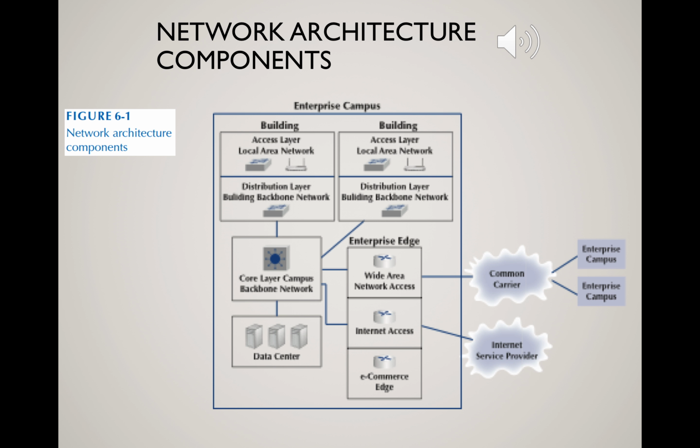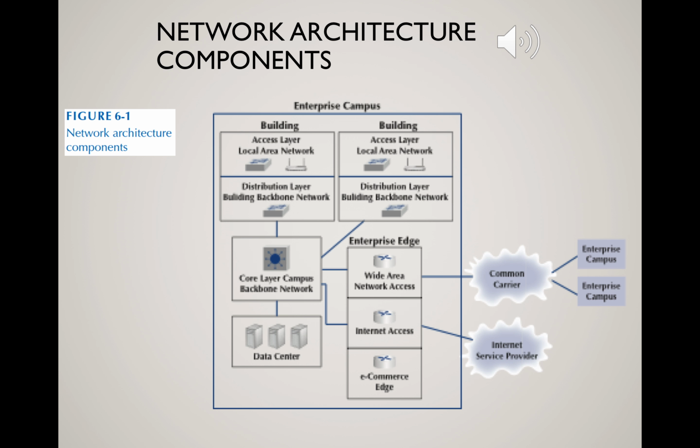Tying that together, we have the distribution layer, which is really a backbone layer, and we discussed what a backbone network was, but it's a backbone network layer that connects all the different LANs together within the organization. Attached to this backbone layer, we have the core layer backbone, which connects with the wide area networks and with general internet access to provide outside connectivity to other enterprise campuses as well as to the general internet.